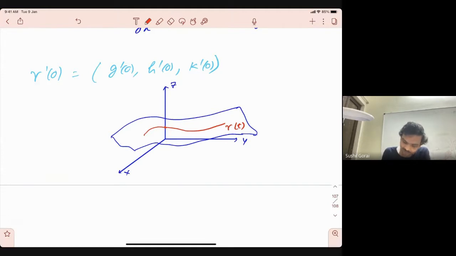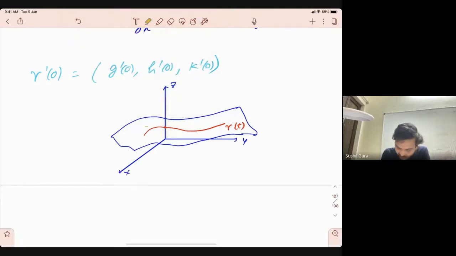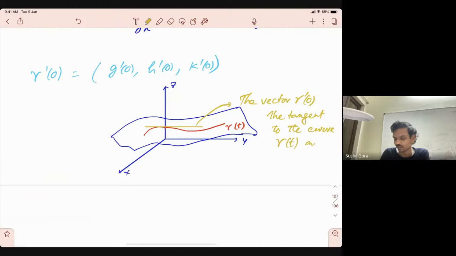So this is gamma(0), and gamma'(0) is nothing but the tangent vector to the curve gamma(t) at t equal to 0. So this is the vector gamma'(0).